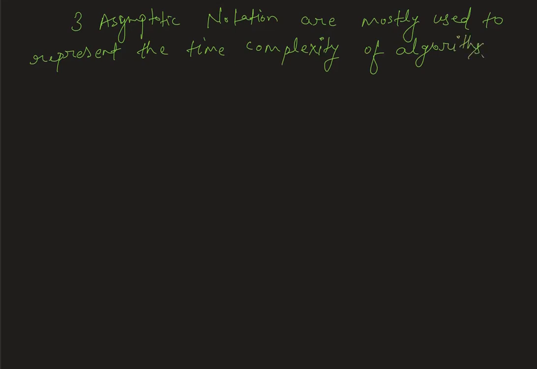Okay, this means the time complexity of an algorithm can be understood by three asymptotic notations.